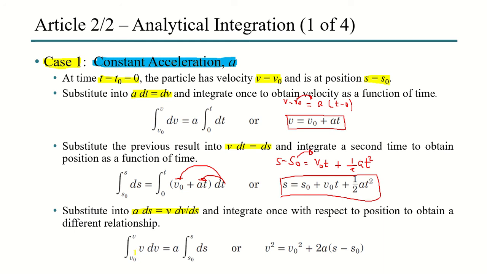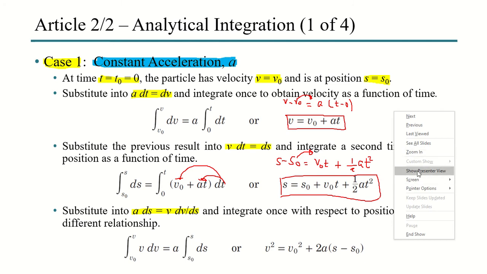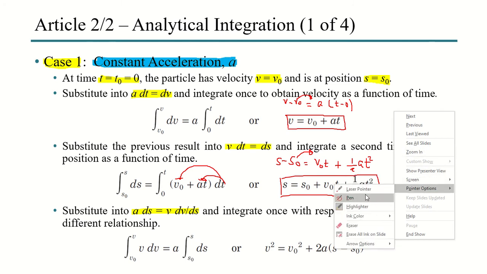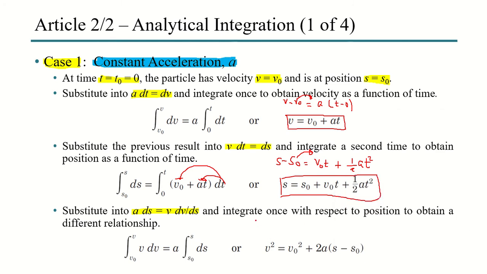All right, so v squared, substitute, we have v squared over 2, and then it will look like this. When you integrate this one, we have v squared over 2, and the limit is from v sub 0 to v.